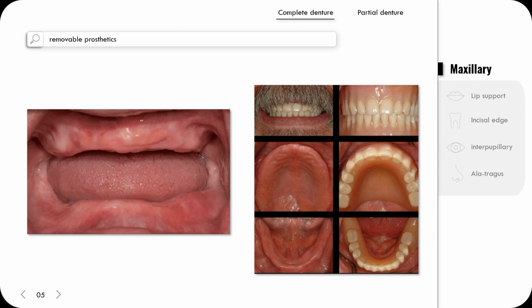So on the right side, we got 4 different things that we're going to look at that can help us map out the position and the orientation of the teeth. So we're going to start with the maxillary arch.